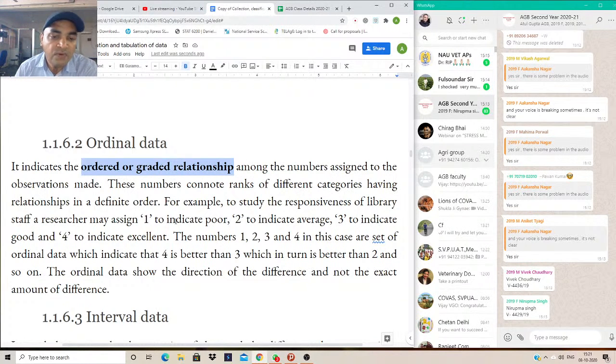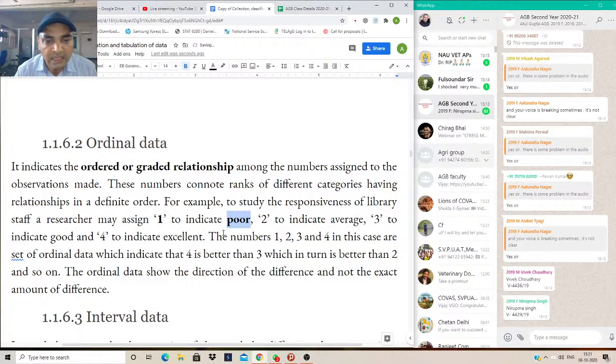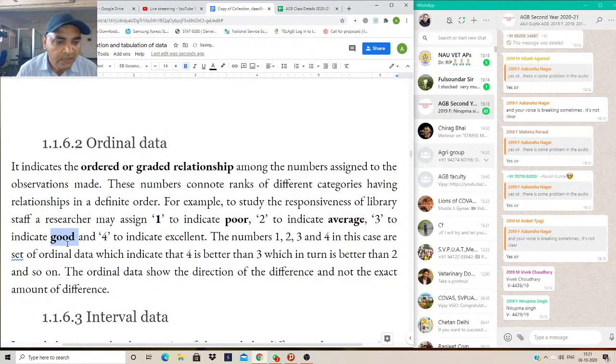Okay, for example, we study the responsiveness of library staff. A researcher may assign 1 to indicate poor, 2 to indicate average. That is, 1 is indicative of poor. Okay, then 2 is indicative of average, then 3 is indicative of good, then 4 is indicative of excellent.